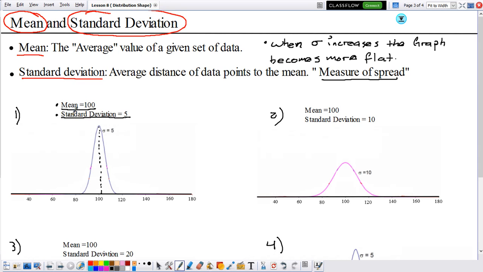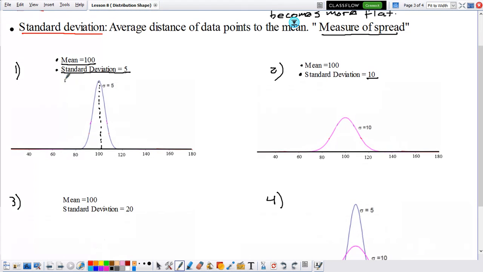Notice that in example 1, the mean is 100 and the standard deviation is 5. Now the mean is still 100, but we increase the standard deviation to 10, and notice that we go from a higher mountain to something lower. Sigma is the symbol we use for standard deviation. When the standard deviation increases, the graph becomes a little bit more flat.